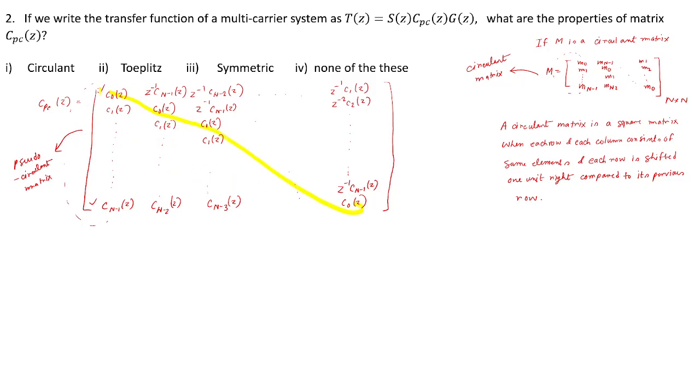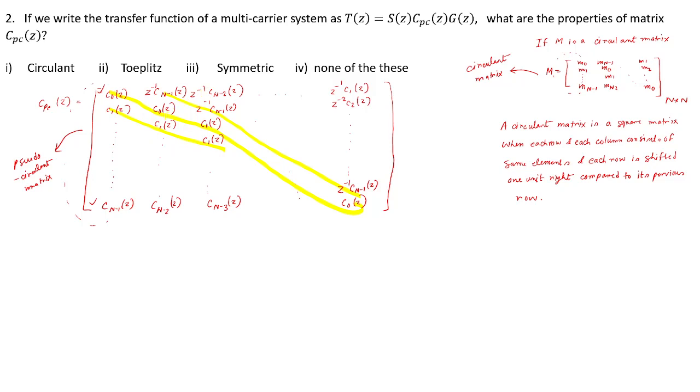You see across these diagonals the elements are the same, C not Z. Not only that, across this diagonal Z inverse Cn minus 1 Z, also Z inverse Cn minus 1 Z, across this diagonal also they are the same, and also this diagonal C1Z, C1Z, C1Z. Across these diagonals the elements are going to be the same.